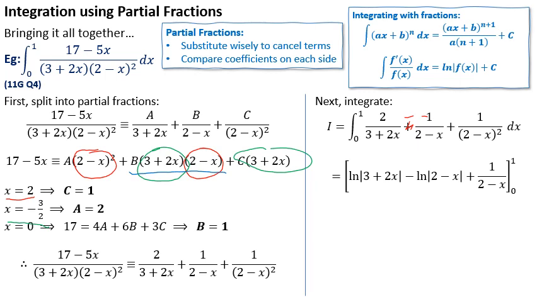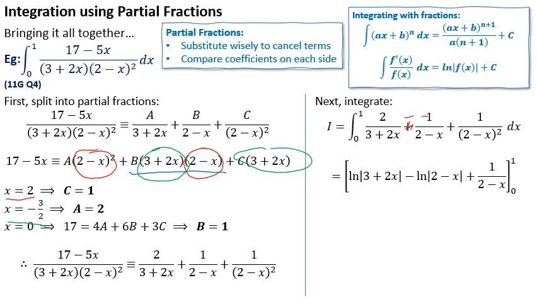And then the last bit, two things have happened. There is a change of sign, but there is another change of sign as well. So 2 minus x to the minus 2 integrates to 2 minus x to the minus 1 over minus 1, and also divided by the derivative of 2 minus x, which is also minus 1. So there's a couple of minus 1s appearing there and annihilating one another.